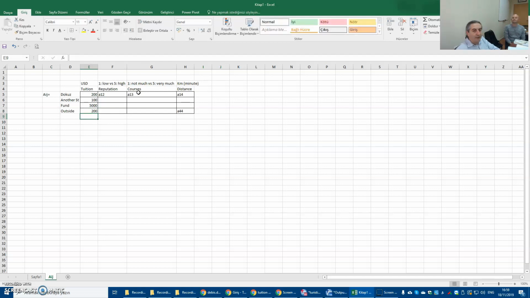200, okay? So reputation, our university's reputation between 1 to 5. Look at the top, consider top universities in Turkey, okay, and worst universities in Turkey, and try to locate 9 Eylül between them, okay? Actually, not 5, and not 1, okay? Probably 4.